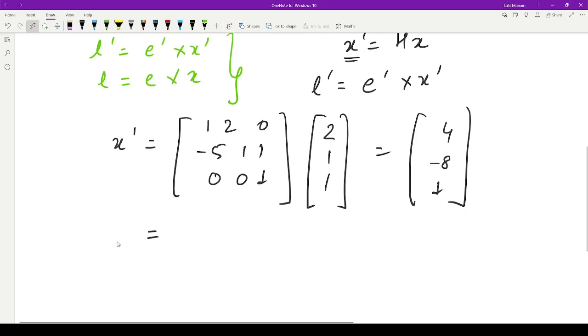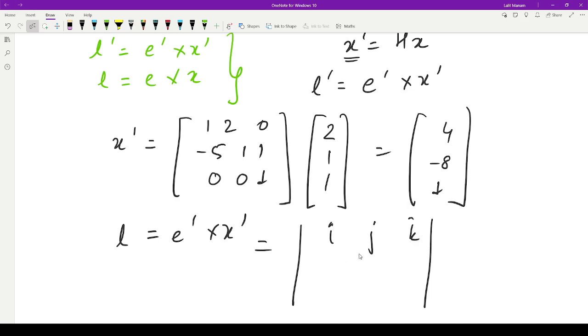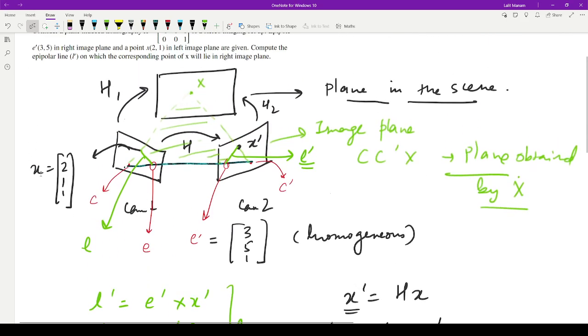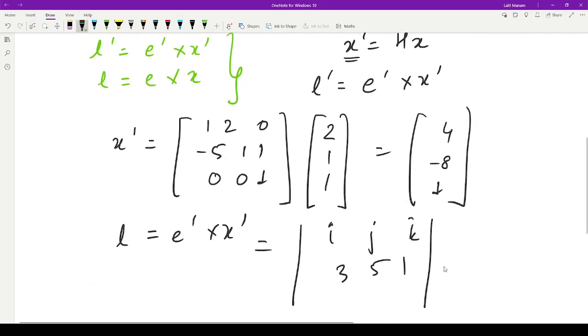Now we'll try to compute L prime, which is E prime cross X prime. By now you would have known how to take cross products. Our E prime is 3 5 1, and our X prime is 4 8 1.